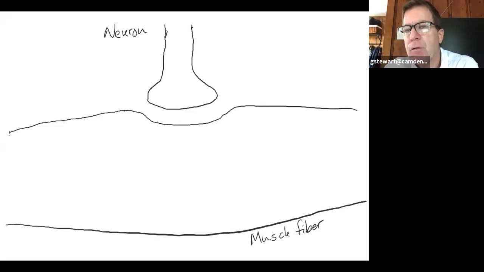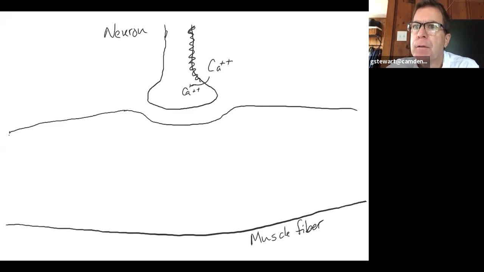So the electrical impulse travels down this membrane. That's what I'm drawing now. When it reaches the end of the neuron, it causes extracellular calcium out here to influx into the nerve cell. So this electrical impulse causes calcium ions to influx into the neuron.